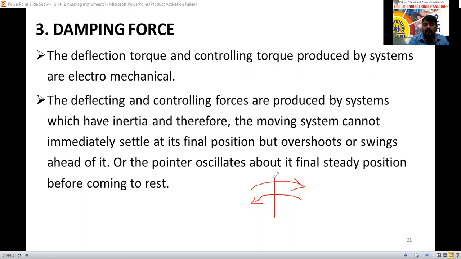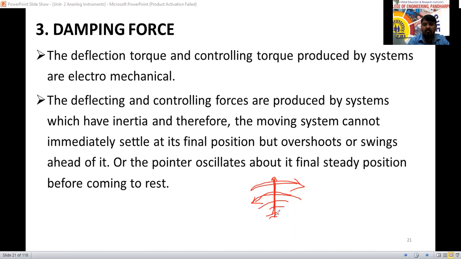The exact value is there, but because the deflecting force is more than the controlling force, it will go away. Because of the controlling force, it will वापस खींच लेते. Next it will go away, next it will come down. Slowly it is reducing its force. After some time, the pointer will settle at some value.